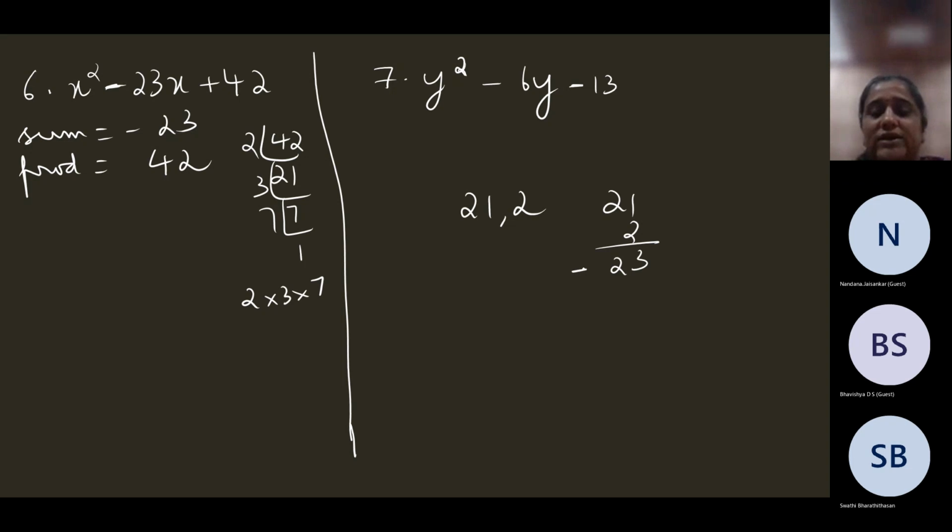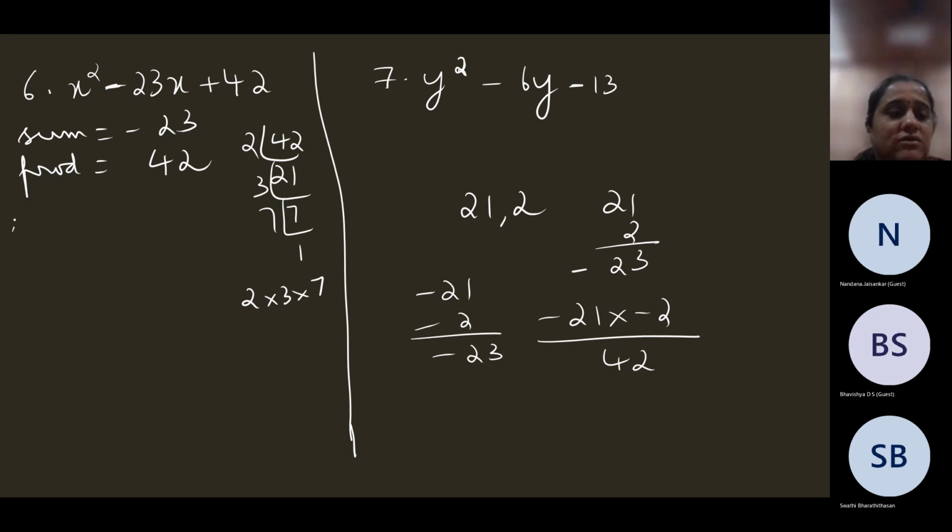You should get minus 23. So when you take minus 21 and minus 2, you will get minus 23, and minus 21 into minus 2, minus into minus is plus 42. So required numbers are minus 21 and minus 2. Any order you can write, minus 2, minus 21, any order. So then next step.